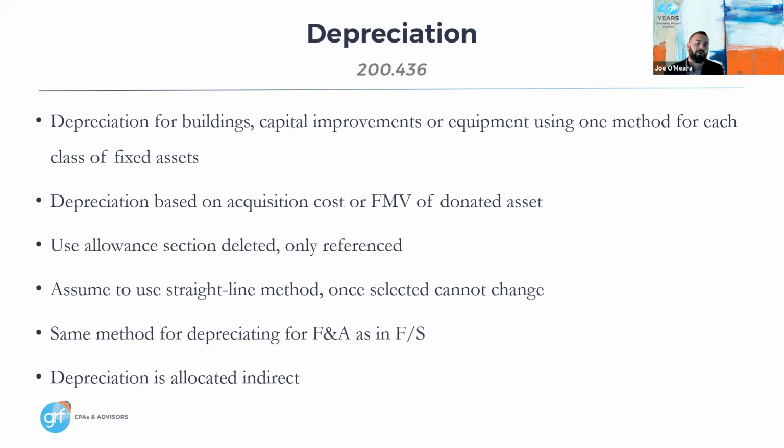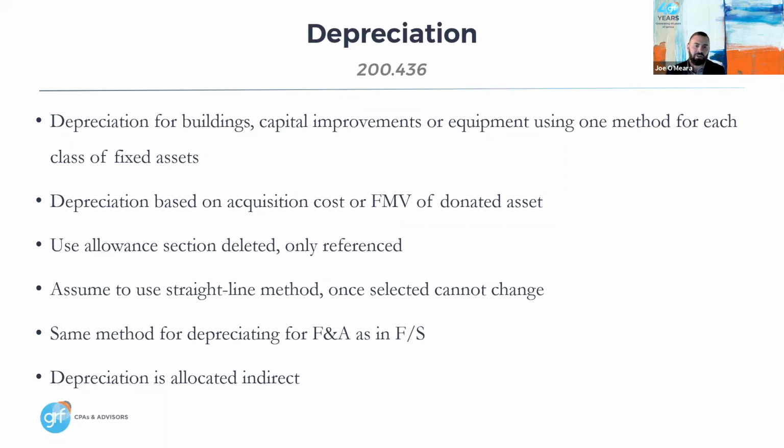But in general, depreciation is allowable. It needs to be based on the acquisition cost if you purchase the asset, or the fair market value of a donated asset. Assume you use the straight line method to depreciate fixed assets, but whatever method you use to calculate your depreciation, you cannot change and flip-flop back and forth, which is consistent with how you should be depreciating your assets for your financial statement purposes under GAAP.